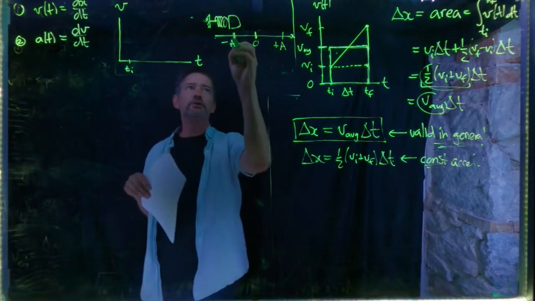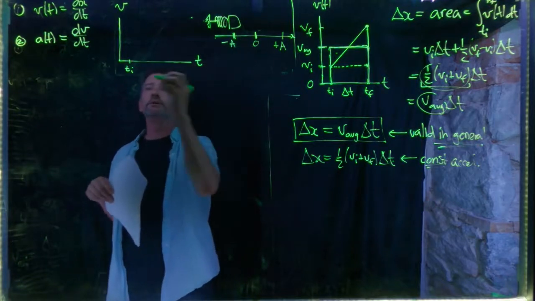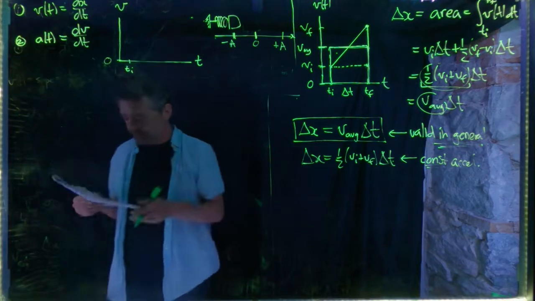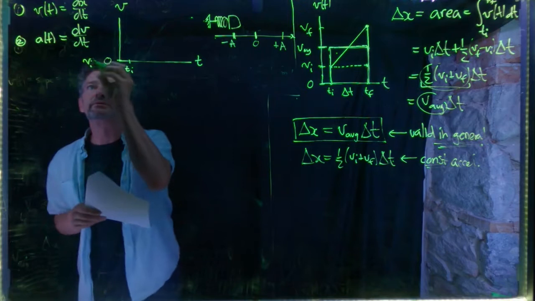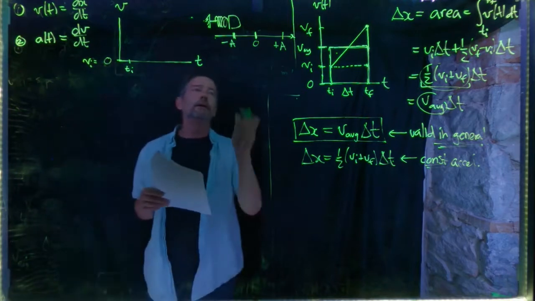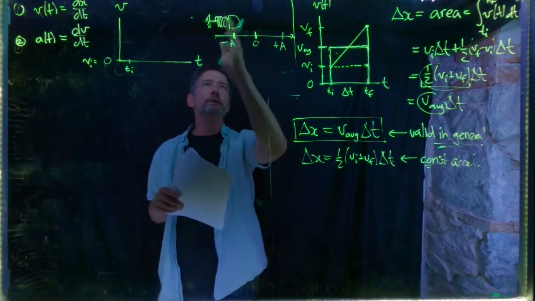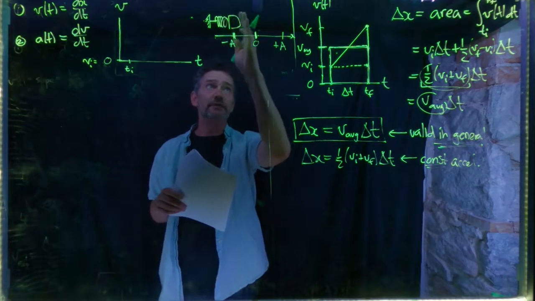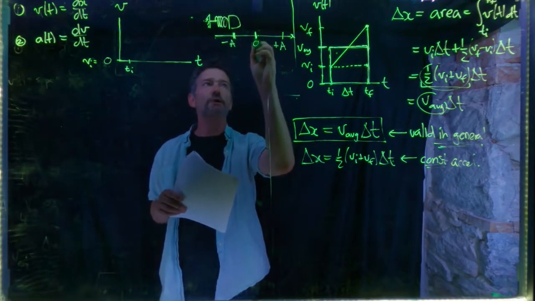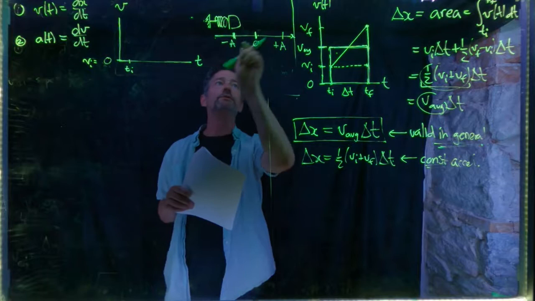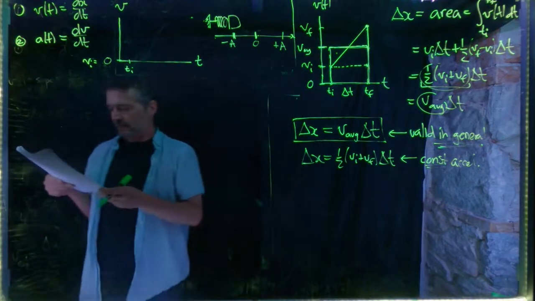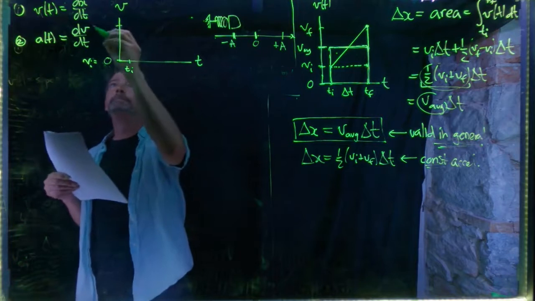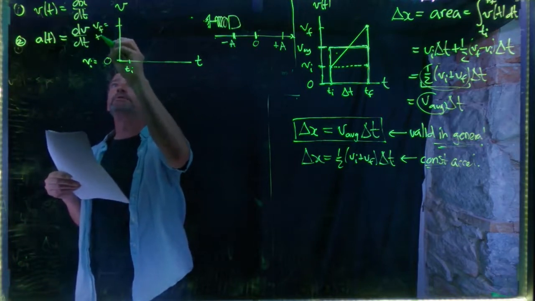Okay, so at that initial time, the velocity is 0. That initial velocity is 0, so v initial equals 0. And then at the final time, the velocity increases faster and faster. When the mass passes through the equilibrium position, its velocity is maximally positive. So v final is equal to positive v max.